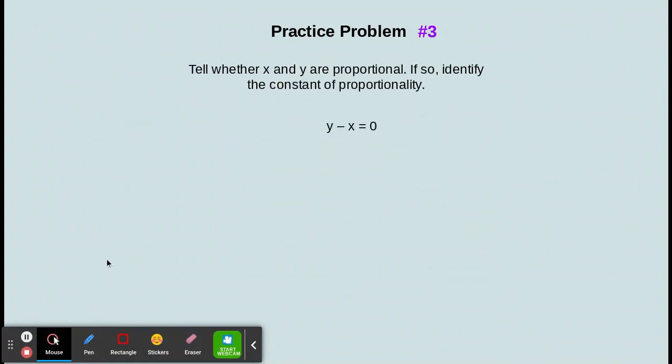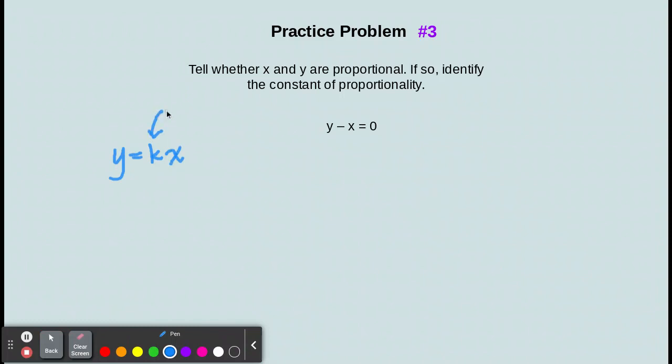And practice problem number 3, tell whether x and y are proportional. Okay, remember our equation of proportionality is y equals kx, where k is the constant of proportionality, which is also the same as the value of our ratio, which is the same as what? Unit rate.